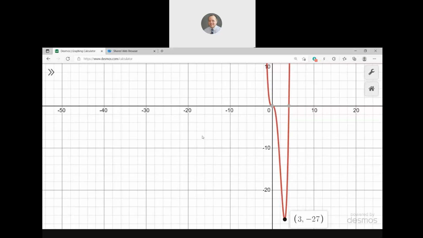We said our function decreases from negative infinity, that's way up here, all the way down to 3. So that part is good. And we also said, based off the first derivative test, that our graph was increasing from 3 to positive infinity. So that part is also good.